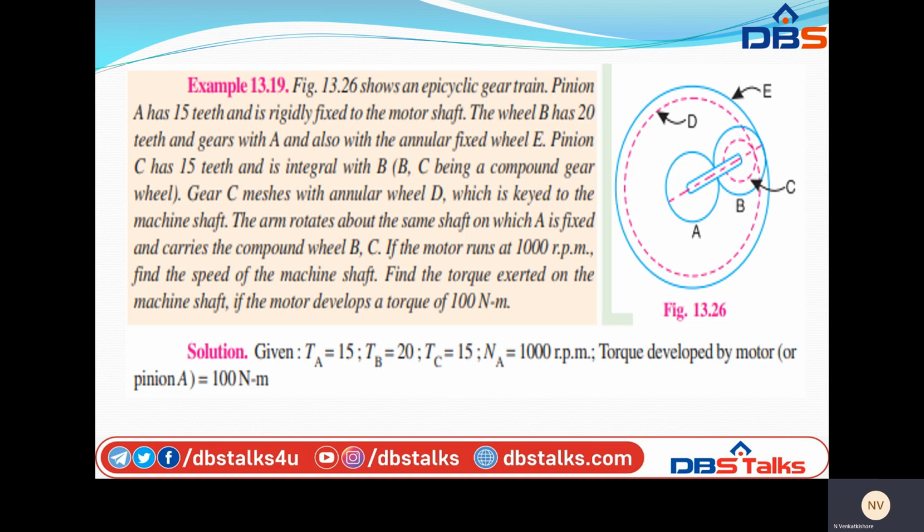Here A is the pinion and B is the wheel, and E is the fixed wheel.